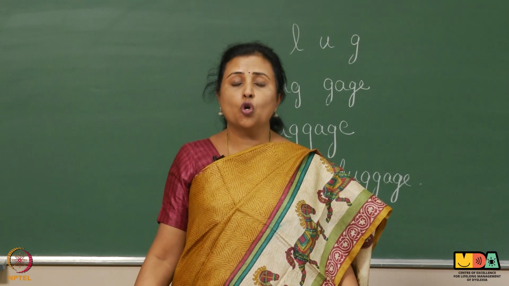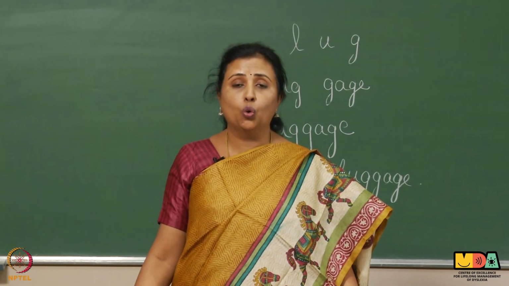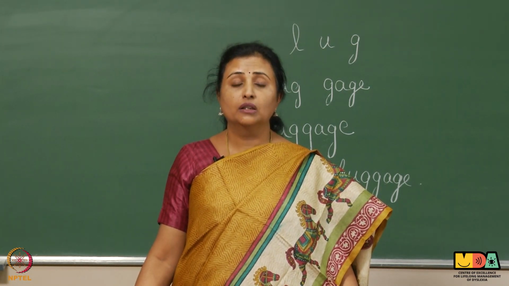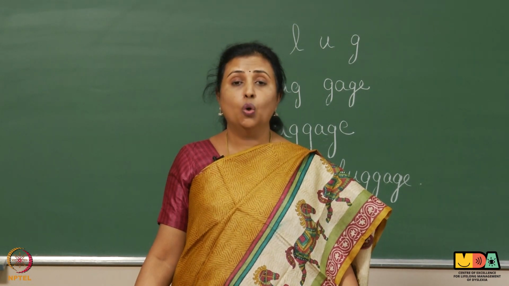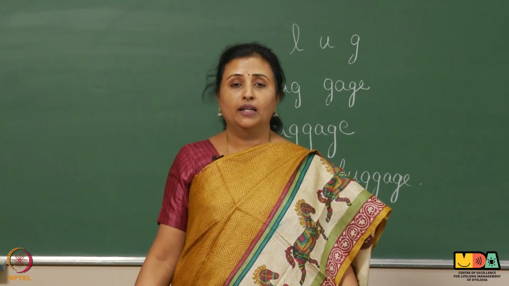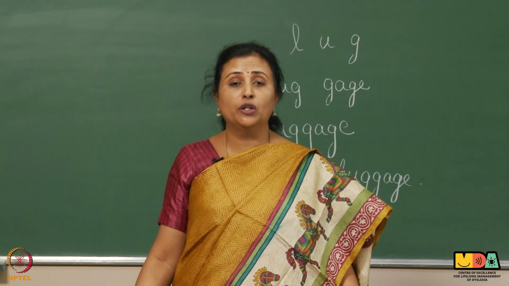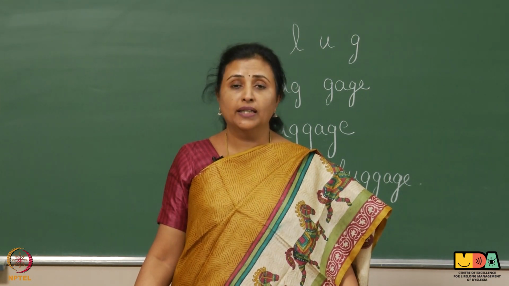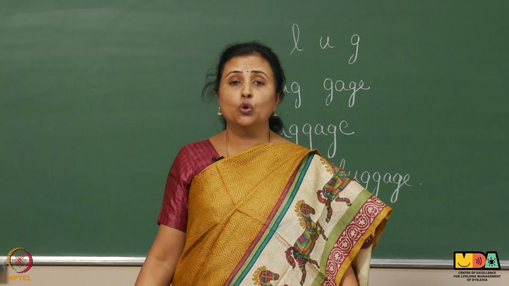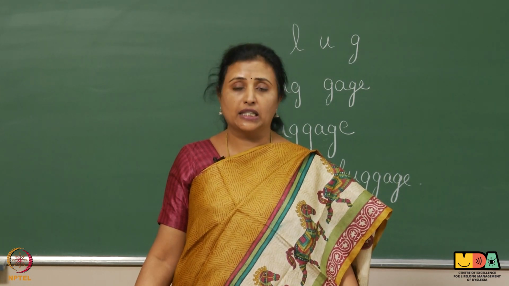The long sound of the vowel O says O, as in over, open, oat. And finally, the long sound of the vowel U is U, as in use, unicorn, united.